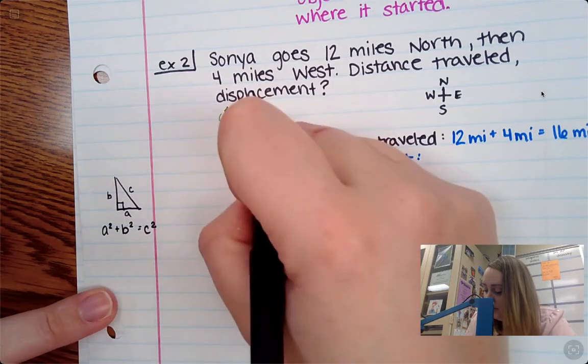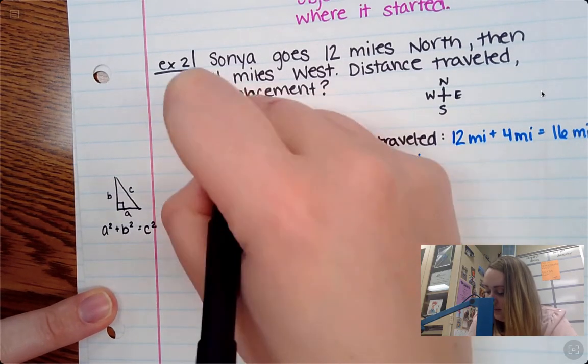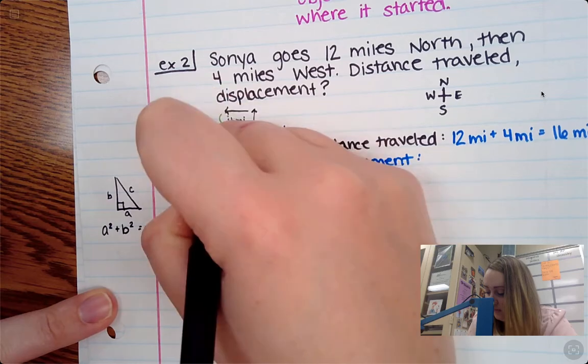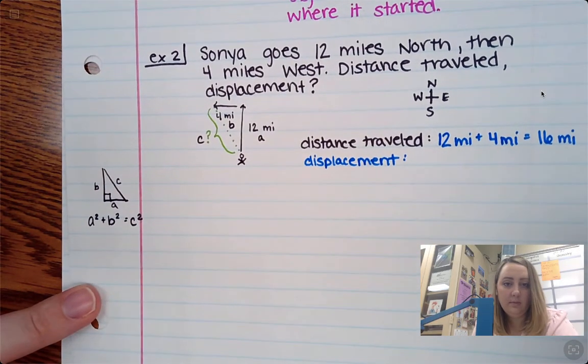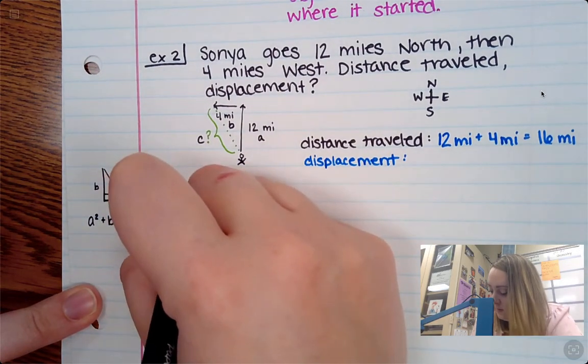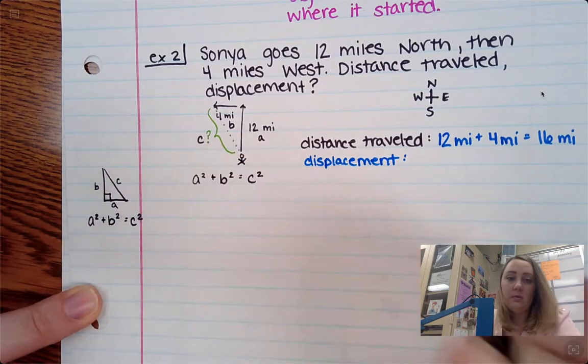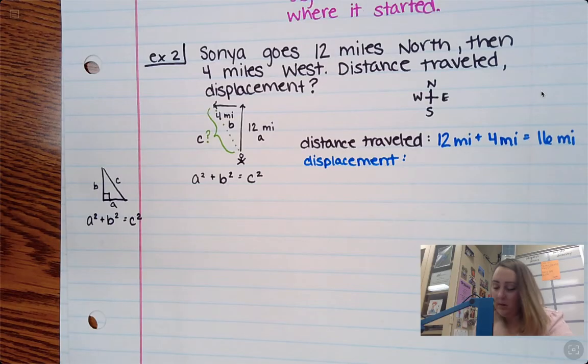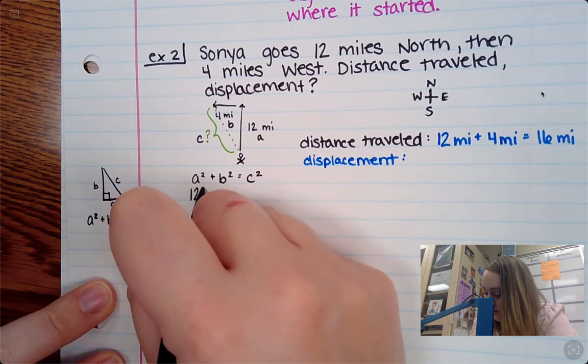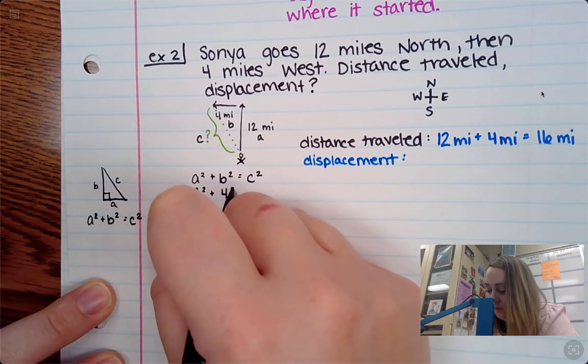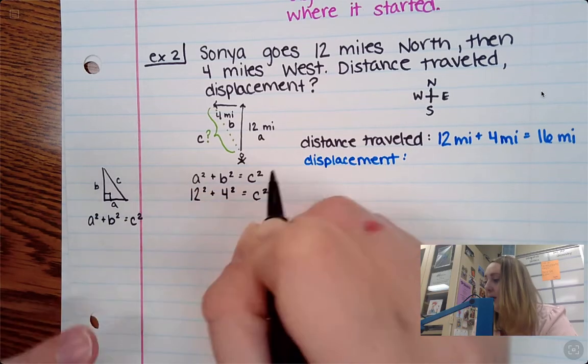So this I'm just going to call A, this one B, and I'm solving for C. All right, so 12 squared plus 4 squared equals C squared.